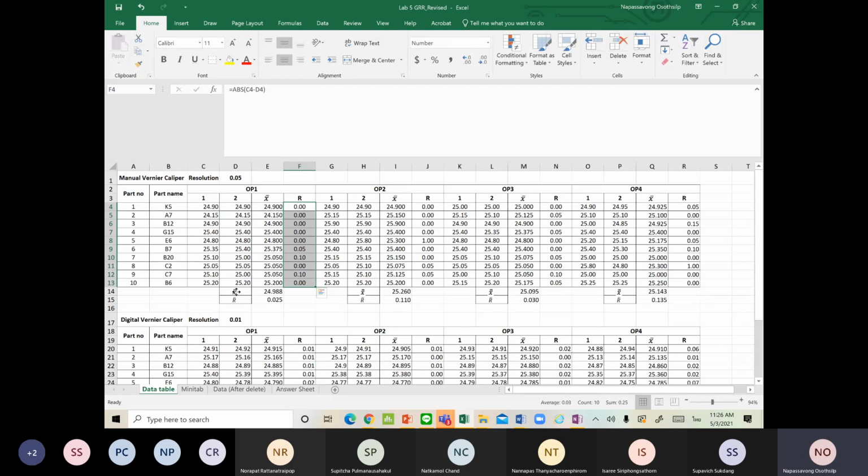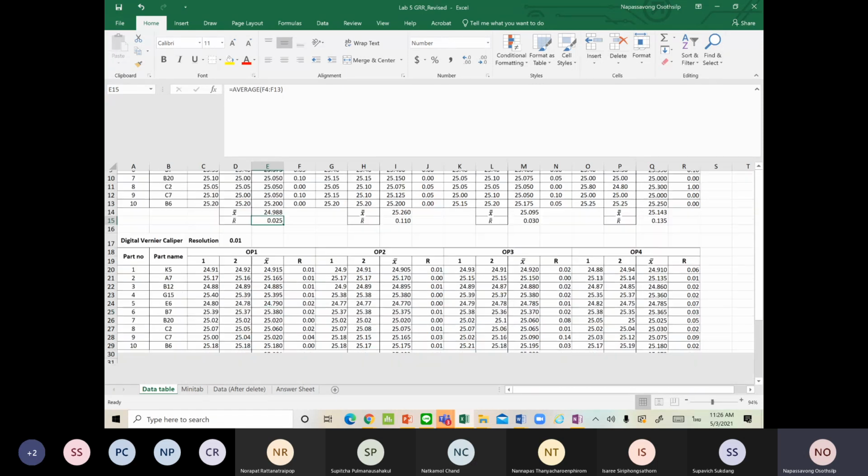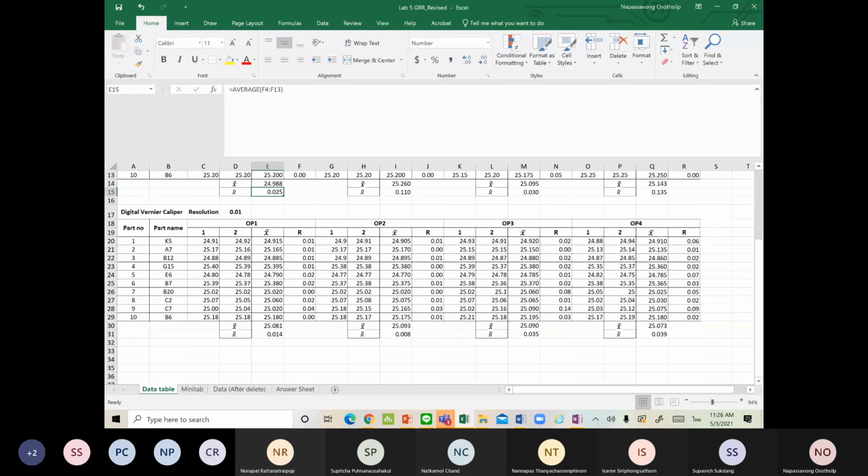Then we can calculate x bar, which is an average of all parts here, and average of R for operator 1. And then we can repeat that for operator 2 to 4, right? Same thing for digital vernier, right? So this is the data set that we have.